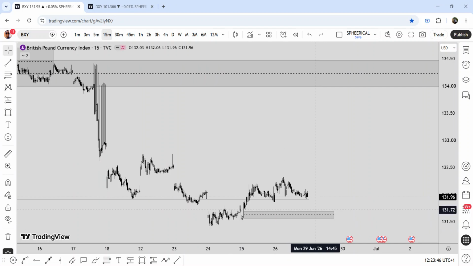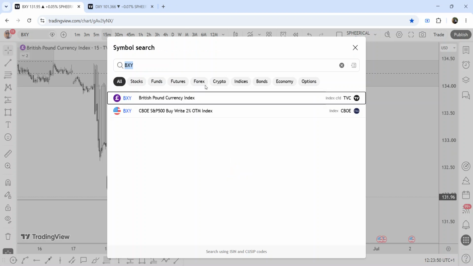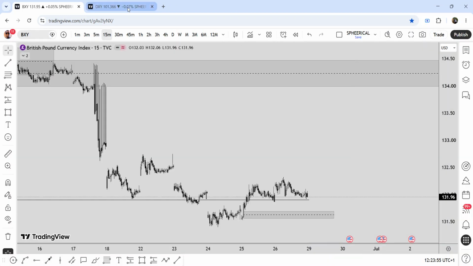So if this market reacts in this zone and starts buying up, and this DXY is selling, we will possibly be seeing GBPUSD buying massively.